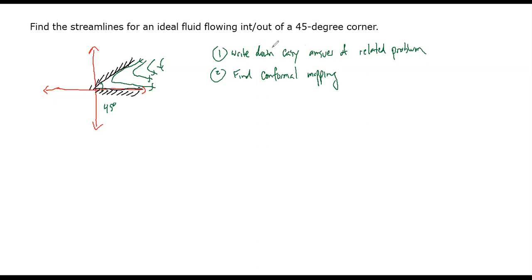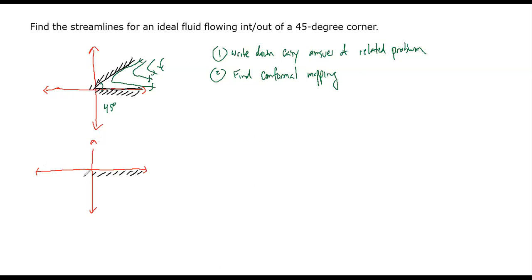So in this case, really just got it down to 2 steps. Let's write down an easy answer of a related problem, maybe fluid flow just going past a wall, and then find a conformal mapping. So let's say I asked you to find the streamlines of a fluid that's just going past a wall.